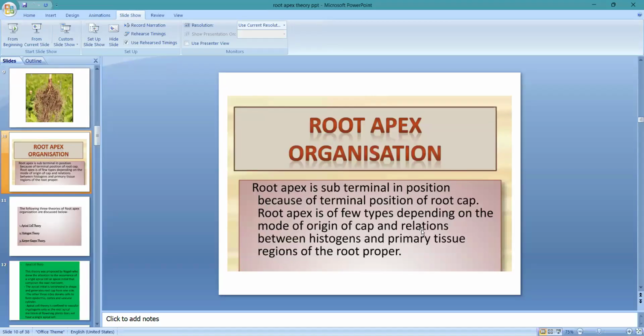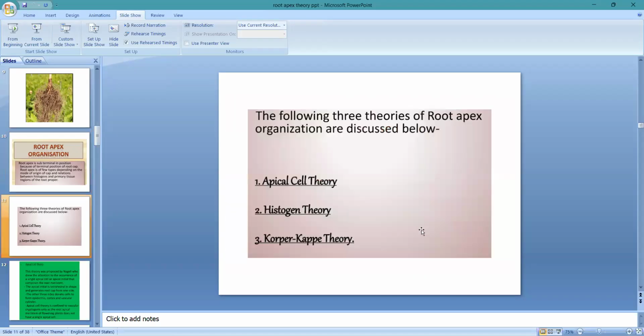The important topic here is root apex organization, and the following three theories are very important: apical cell theory, histogen theory and Korper-Kappe theory.